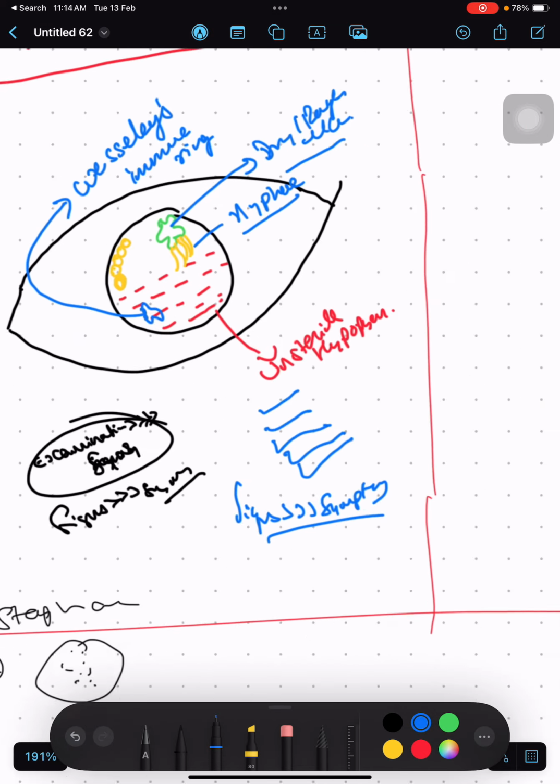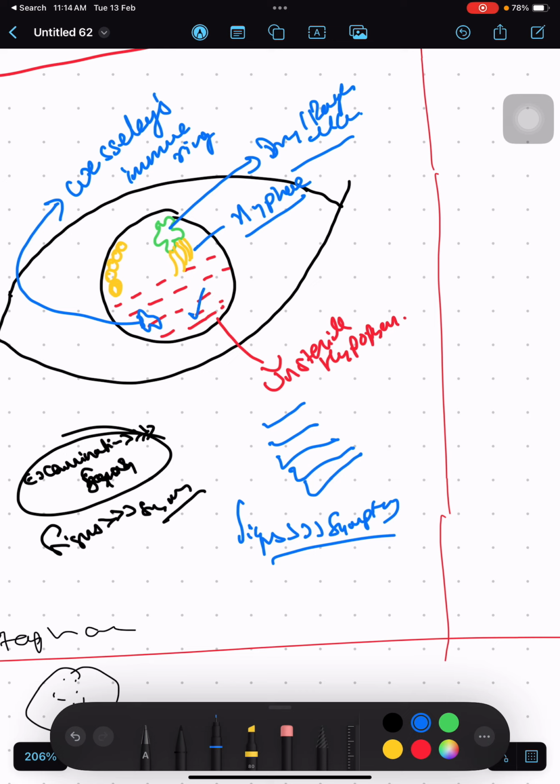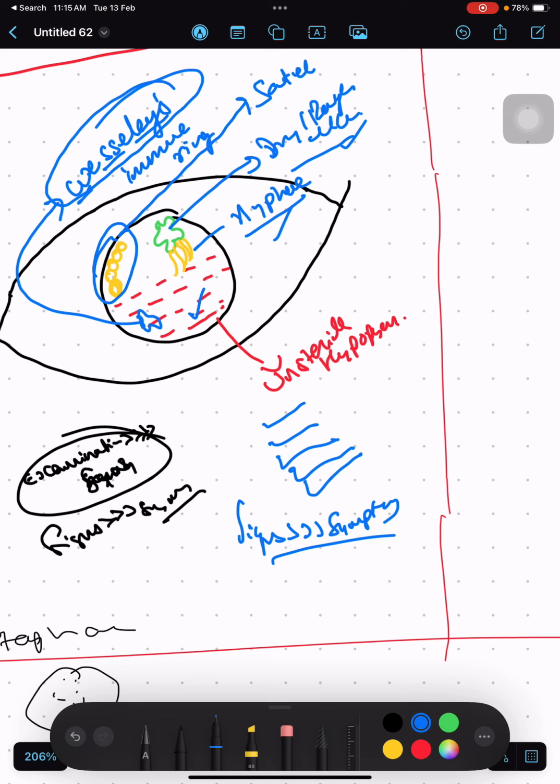And on examination, unsterile hypopyon, as I've already made here, hyphae, dry rough ulcers, Wessely's immune ring. And what is this? This is a satellite nodule. I forgot to mention here, this is satellite nodule.